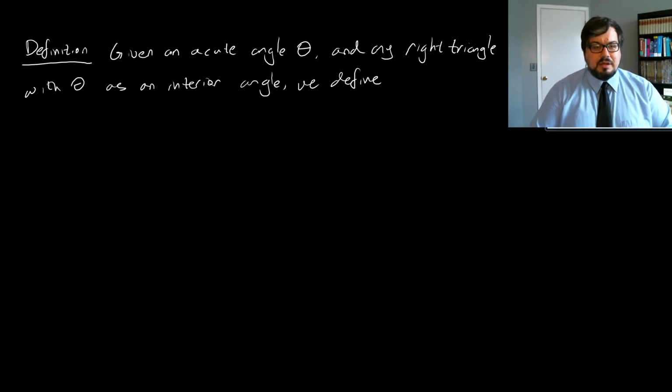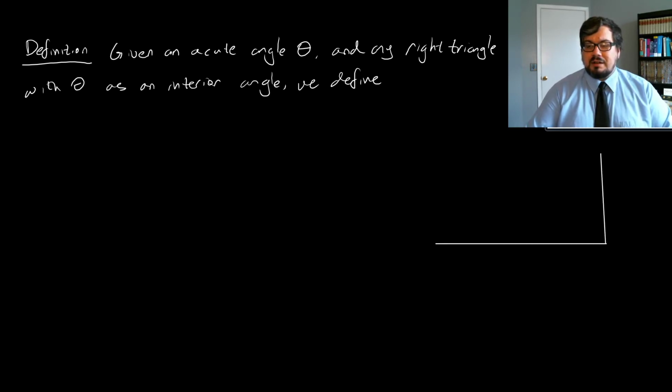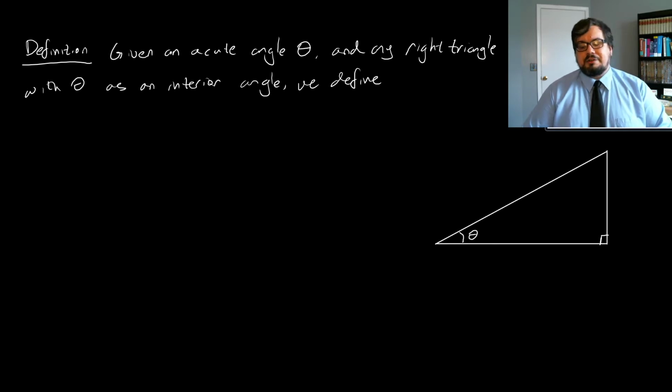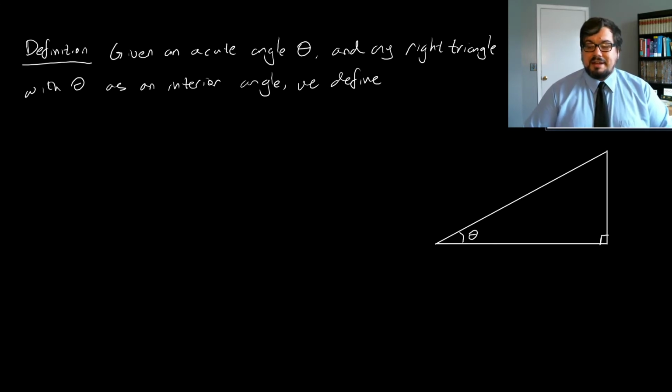And I'm going to do this by making reference to a picture of the sort of triangle that I'm talking about. So over here, I'm going to take any triangle, which is a right triangle, and has one interior angle with measure theta.